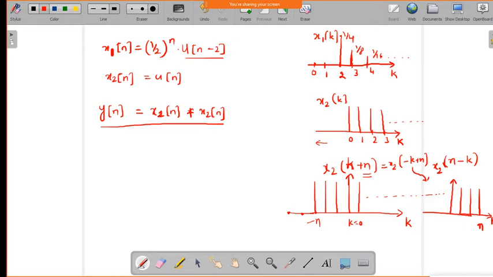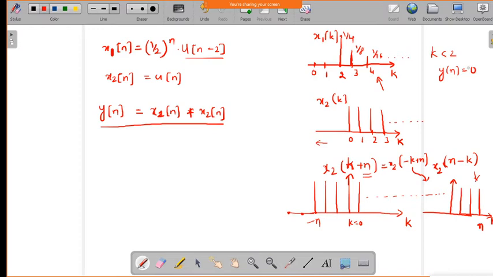Now if you compare x1 of k and this reflected signal, for k less than or equal to 2, since x1 of k has no amplitude values, your output y of n will be equal to 0.